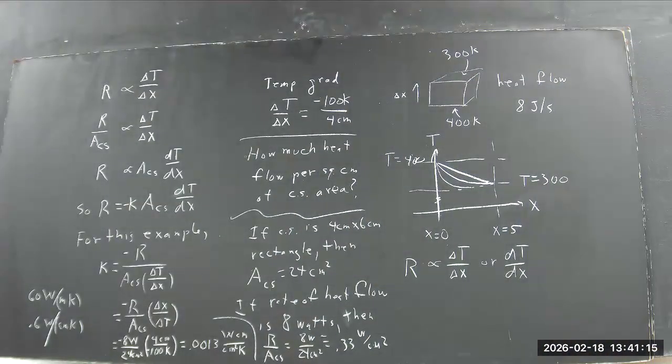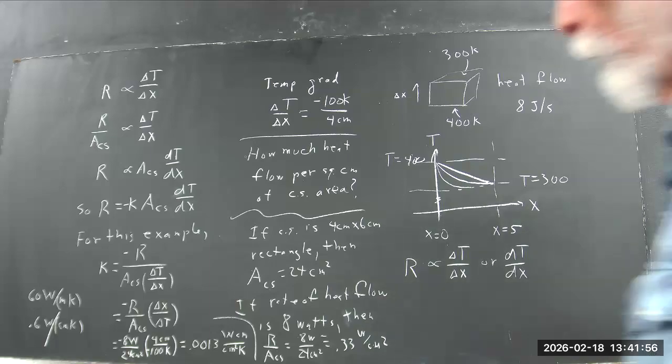You think about it. Now, the analogy I want to make with electrical conduction is that you want to think of electrical conduction in terms of the amount of current flow per unit of cross-sectional area. Just like here, we're thinking of the amount of heat flow per unit of cross-sectional area.